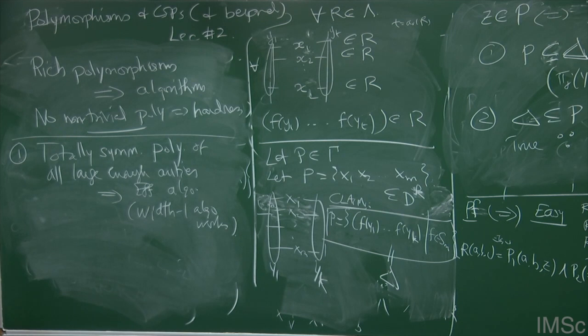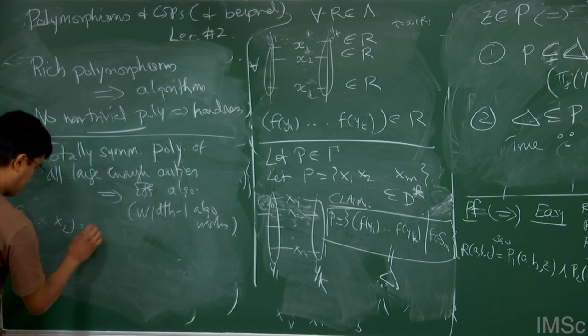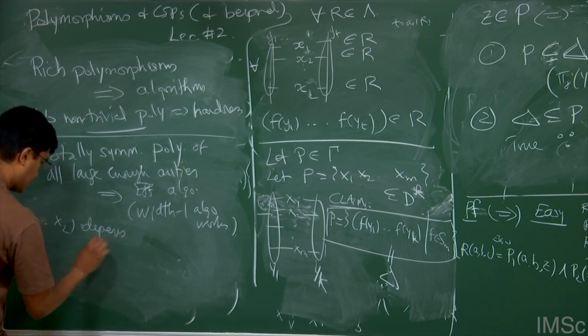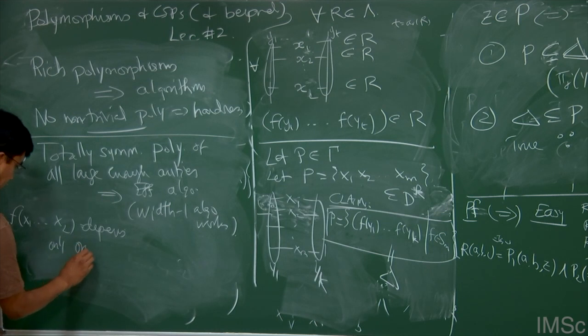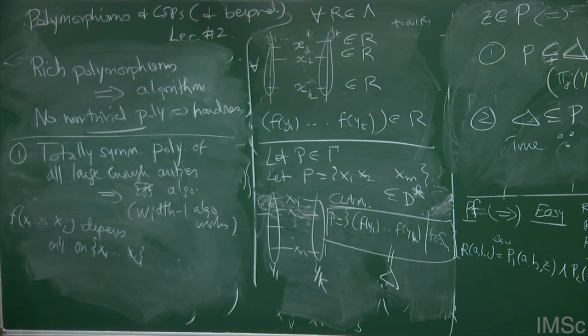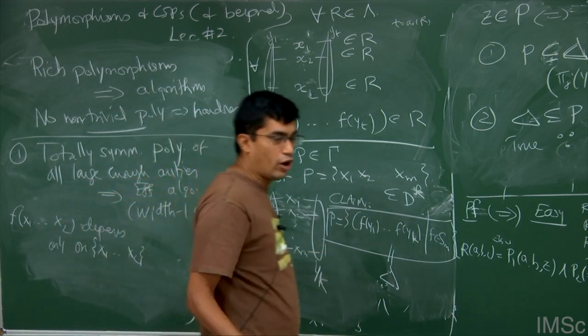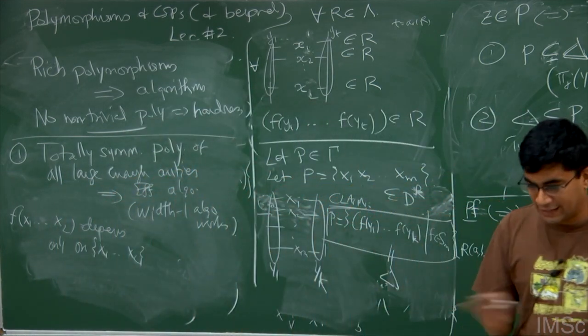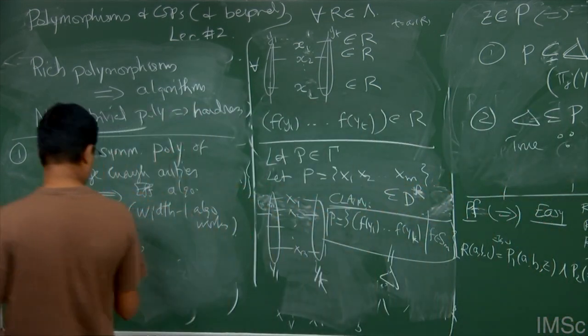Totally symmetric simply means that if I have f of x1 through xL, suppose it's an arity L function, it only depends on the set of values which occur. So you can give me any L-tuple, in any order, with any repetitions, and nothing matters, only the set matters.